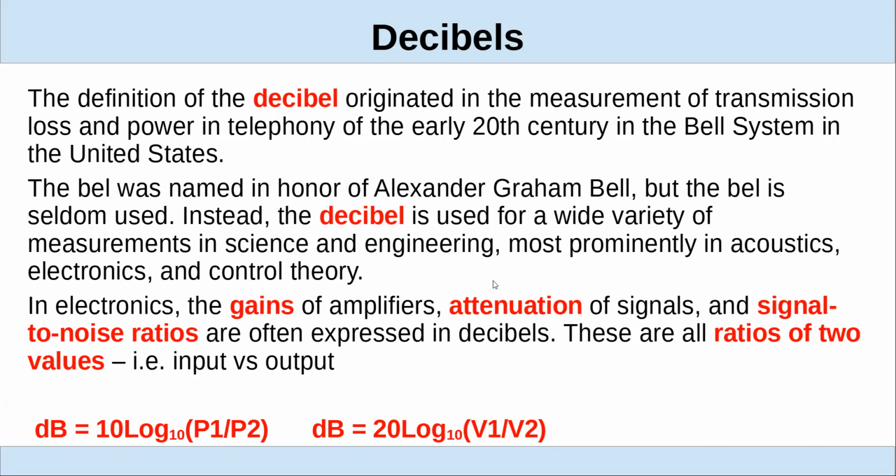And we use this to show the gain or loss of amplifiers, attenuators, your signal to noise ratios that you see on receivers. Actually, it can be applied to any kind of ratio. The two basic formulas we talked about before: for a power measurement, which is what we mostly will deal with, it's 10 times the log of the ratio of the powers.